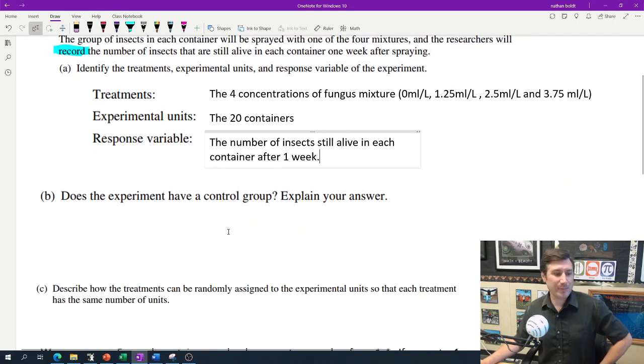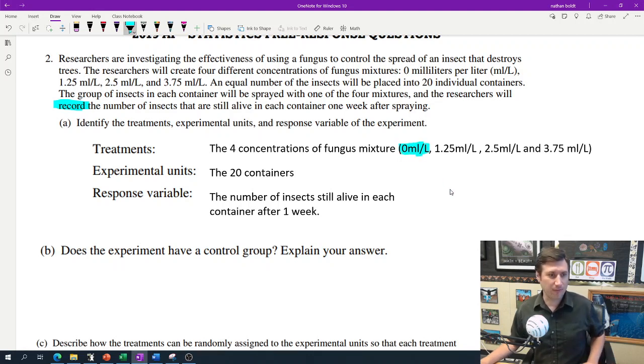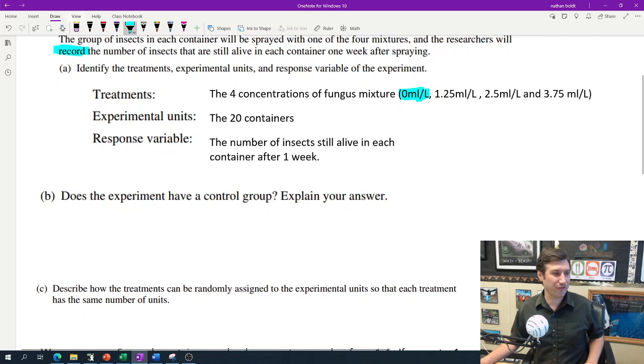All right, does the experiment have a control group? Explain your answer. Hopefully this one's pretty obvious. Yes, it does have a control group because one of our levels doesn't have any fungus in it, right? We're using a concentration of fungus, and one of our sprays doesn't have any fungus.